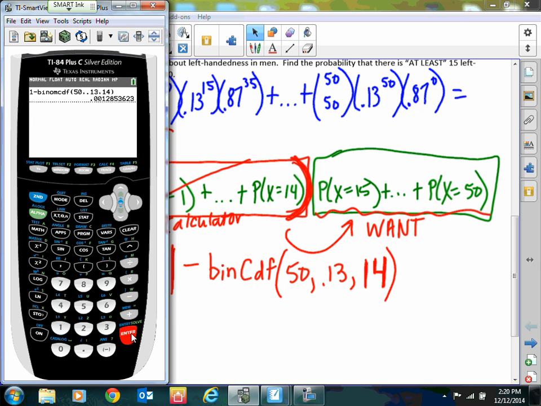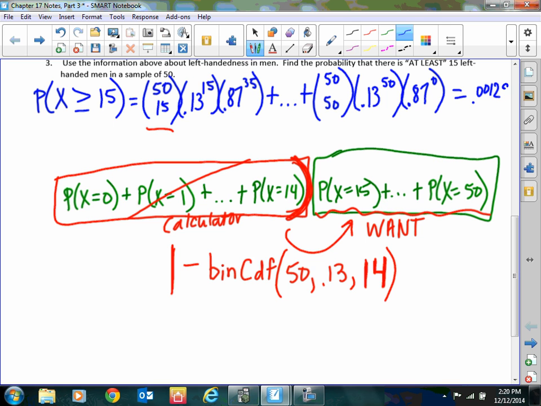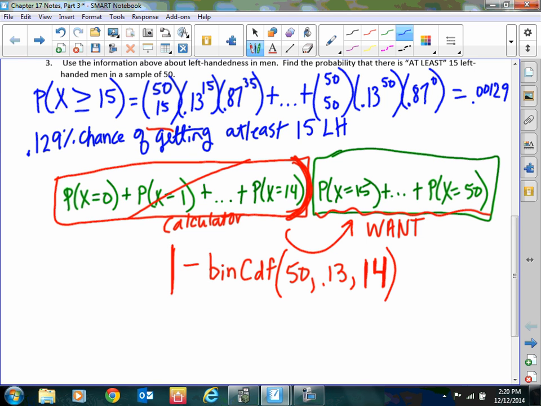So 0.00129. That's not very likely. That's only about a 0.129% chance of getting at least 15 left-handed men out of the sample of 50.